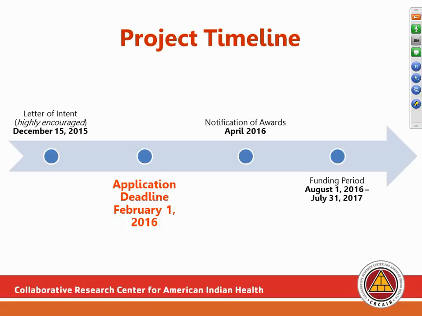Our application deadline is the big one right there in red, February 1st, 2016, so in less than a month now, these are due to our grants office. The notification of awards will be approximately sometime in April of this year, and the funding period that you will write for starts August 1st of this year to July 31st of next year. So we're looking at 1-year pilot grants.